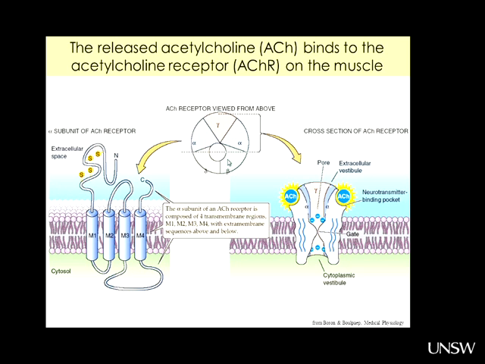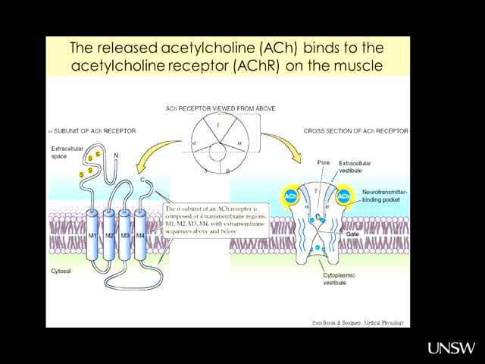If we look at it in cross-section on the right, you see here we actually have 2 binding sites for acetylcholine. We've got a pore running through the middle. The pore has got some negative charges in it, and that's what gives it its selectivity. Okay? That means that positive ions are attracted and can pass through, but negative ions that enter the channel are repelled by these negative charges.